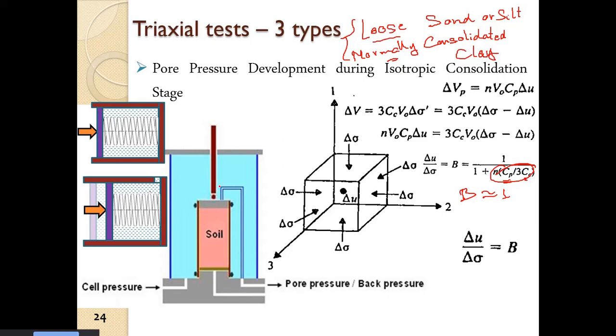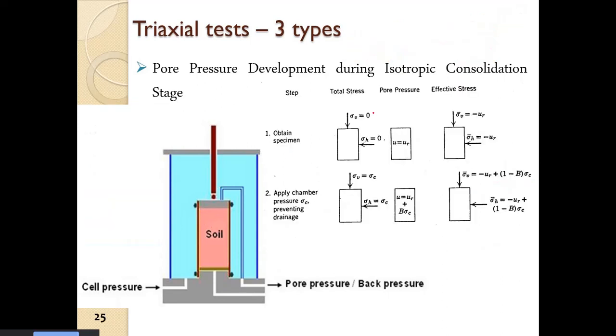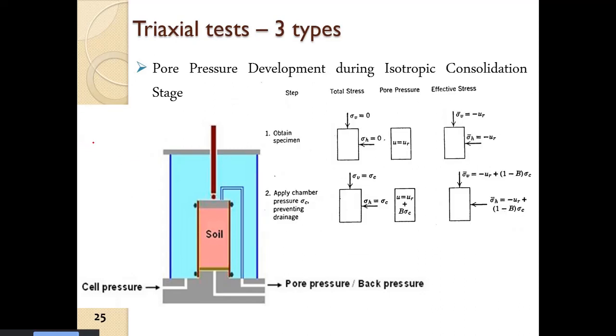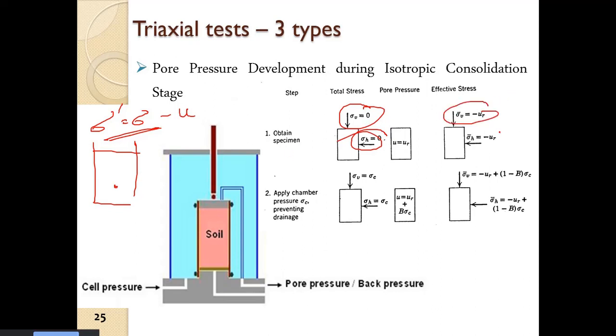So when we take out the sample from the depths, it is already subjected to a particular effective stress. Then suddenly everything becomes 0, and there is a negative effective stress. So the effective stress and the total stress change from this condition to this condition.